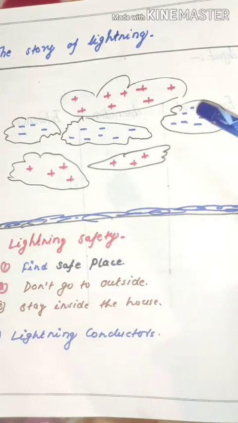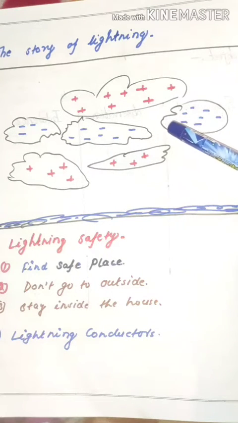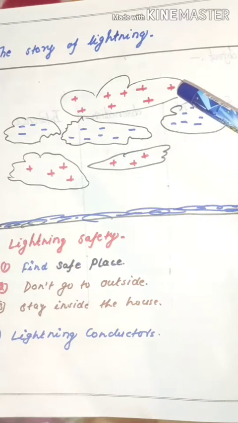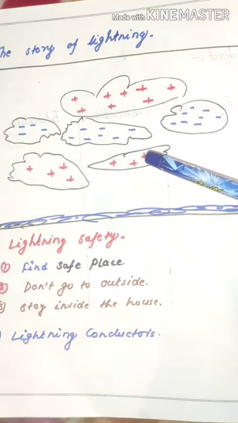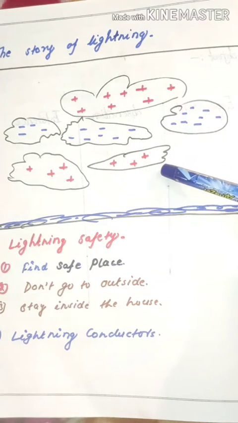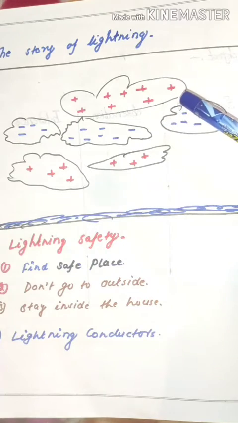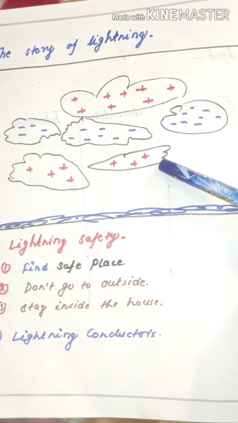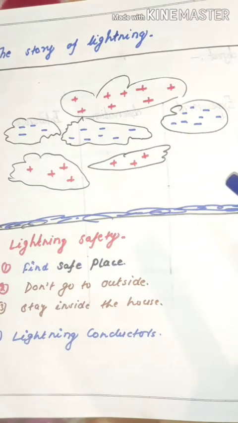In this process, in between clouds there exists air which resists the flow of electricity, but when the charges exceed a certain amount, that is when the concentration of these positive and negative charges becomes very high, they will collide or strike each other and form light and sound, that is called lightning.